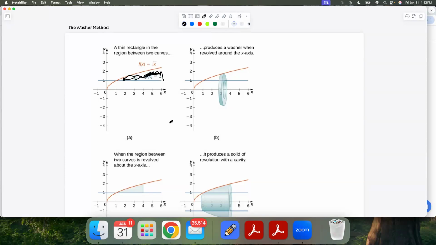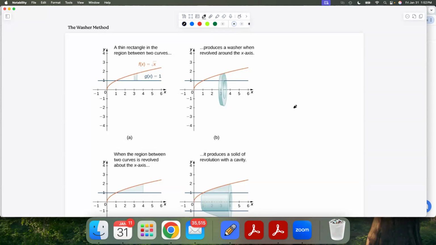So if we draw just a little tiny rectangle here, imagine that rectangle rotated around the x-axis. That would give us this washer. Think like when you're putting together your IKEA furniture, you've got your bolts, your nuts, your washers.